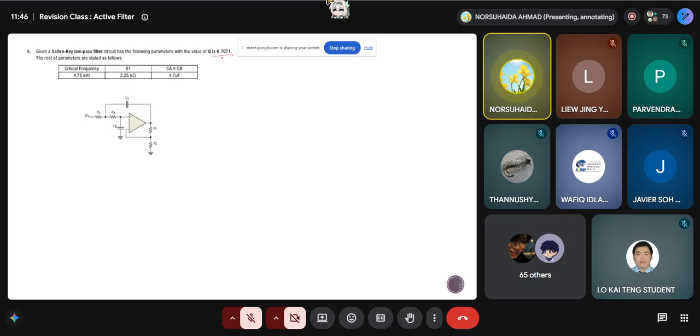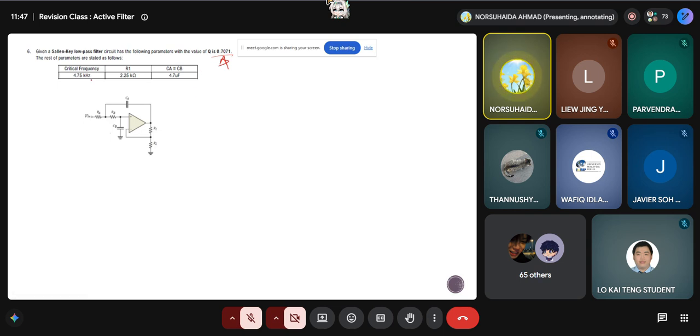Actually this Q, I have explained earlier in the class. So this value of Q you can get from the table. If not provided, then get the value from the table. If provided like in this question, just use the value straight away. So for this case, the value of Q is given as 0.7071.